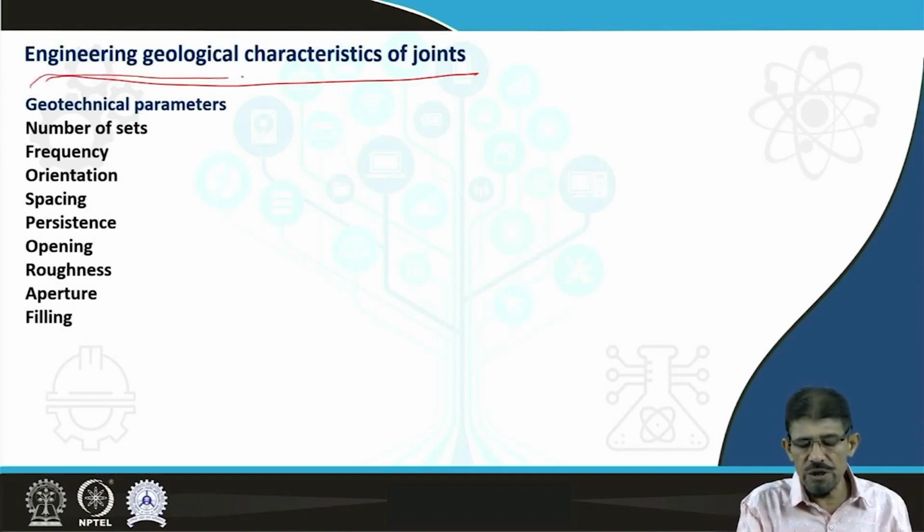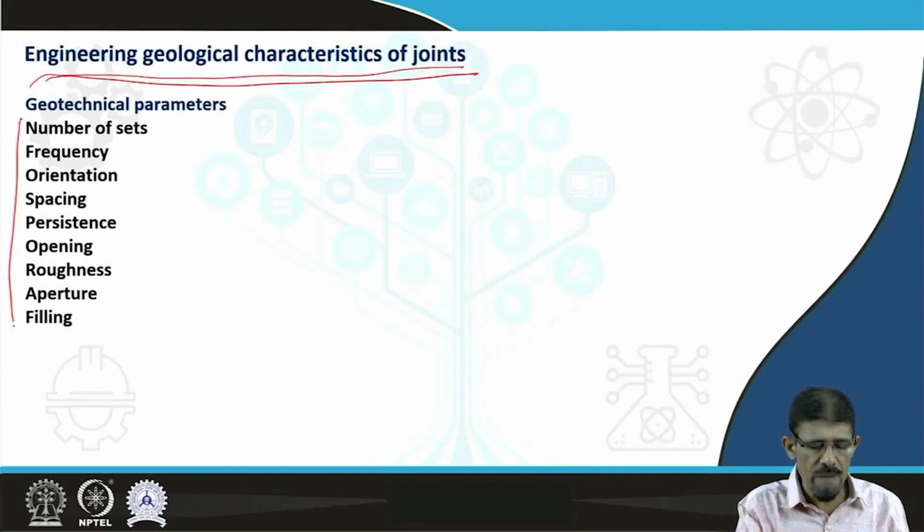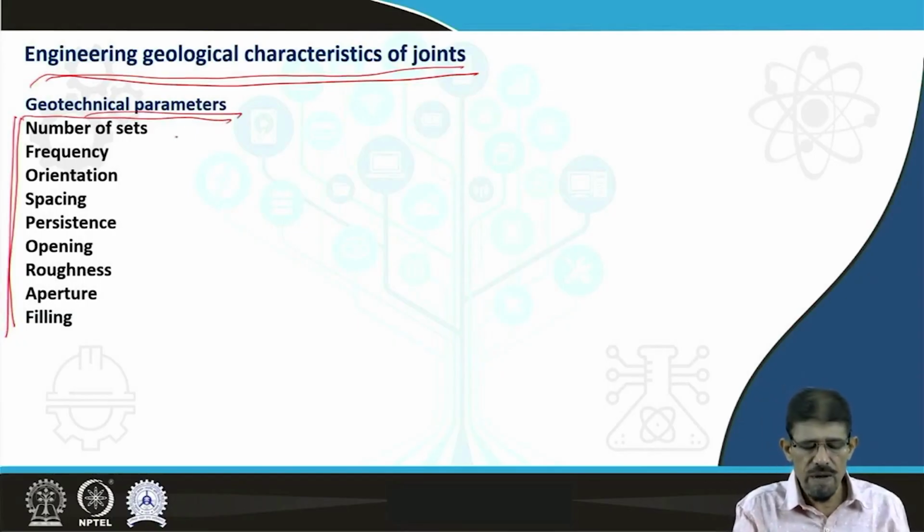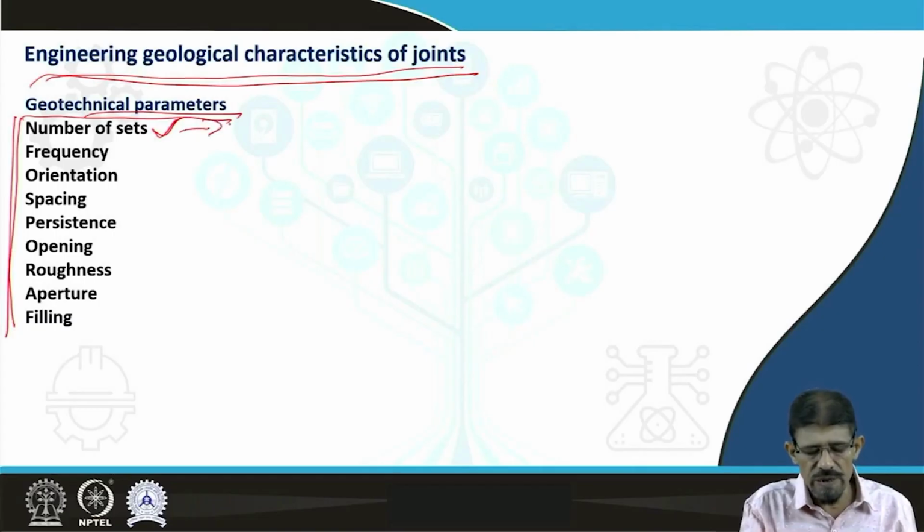For this engineering geological characteristic of joints, we have selected a number of parameters under the geotechnical heading. One of the most important parameters is the number of sets, which we utilize as joint number.